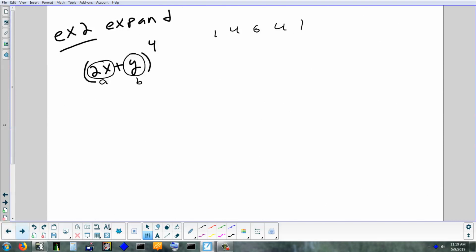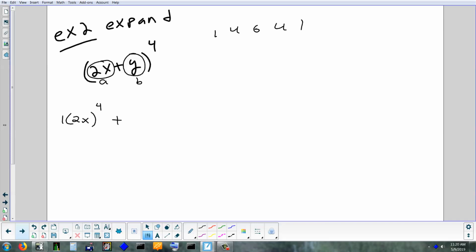Okay, so first coefficient is 1. And normally we put A to the whatever power. What's going to go in the parentheses right here? 2x to the what power? 4th. So 2x to the 4th, we have to do that out after.